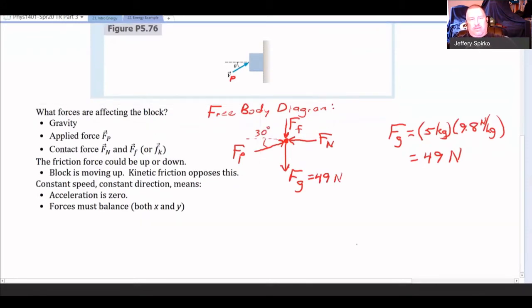So we need to do an equation for the x direction and another equation for the y direction. And in the x direction, we have, I'm just going to temporarily call it F_Px, and minus F_N equals 0.